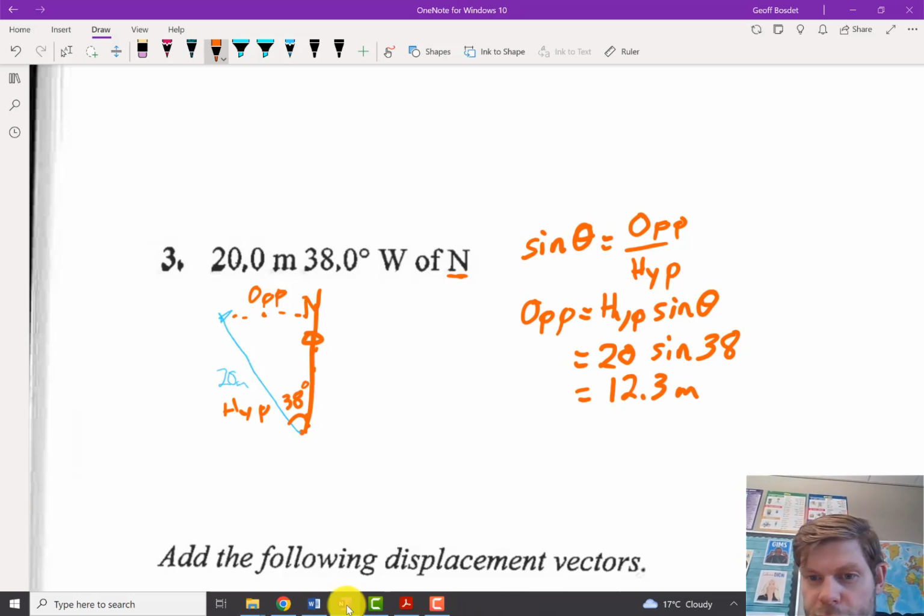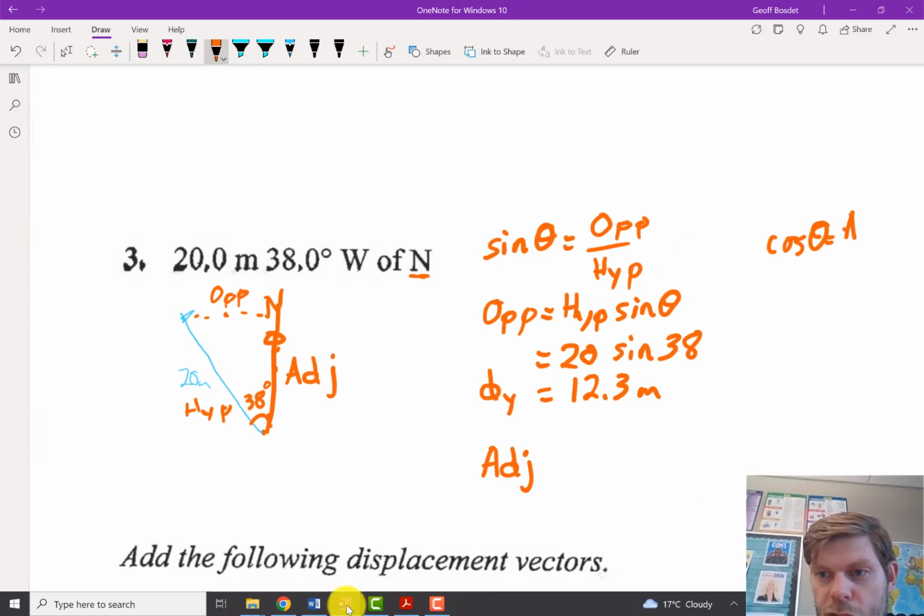And if I want to find my adjacent, so this is my y component, let's call it dy, then I'm going to find my adjacent side. This is my adjacent. We'll do cos theta equals adjacent over hypotenuse.